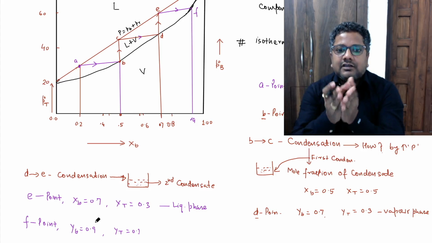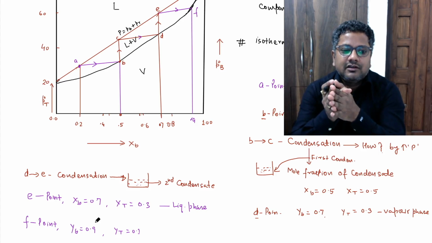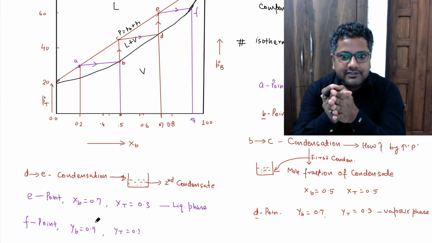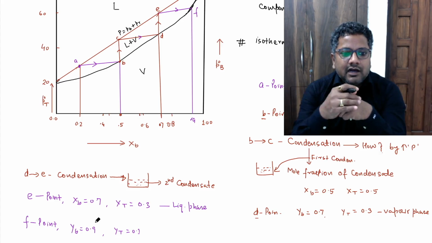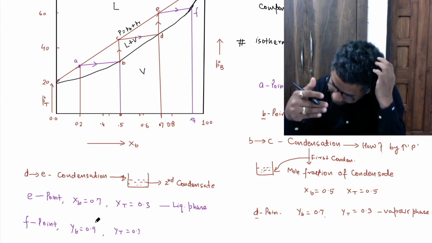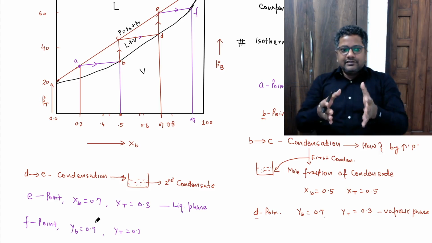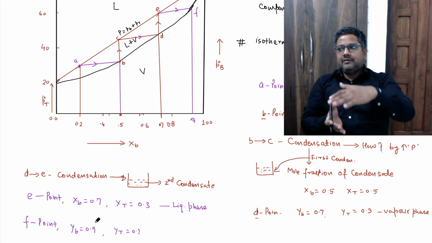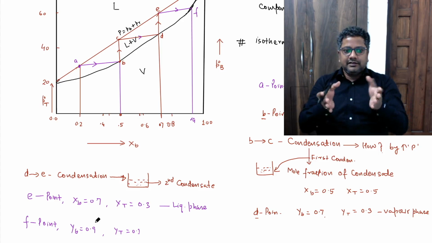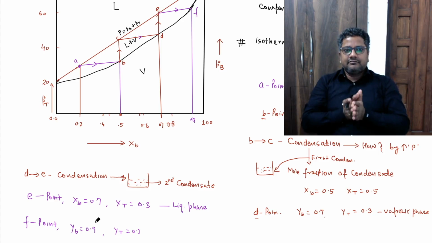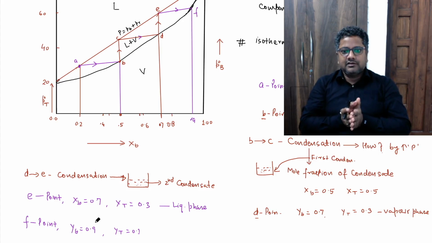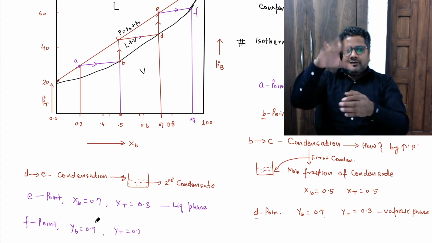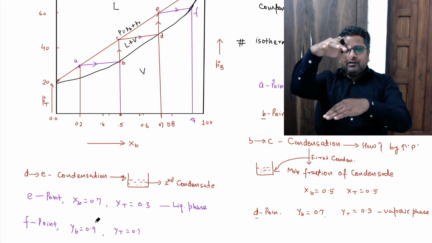So this is the concept of fractional distillation, right, dear students? So how are we doing this? First, we take some liquid mixture in a container, which we are supposed to separate, taken at equilibrium.